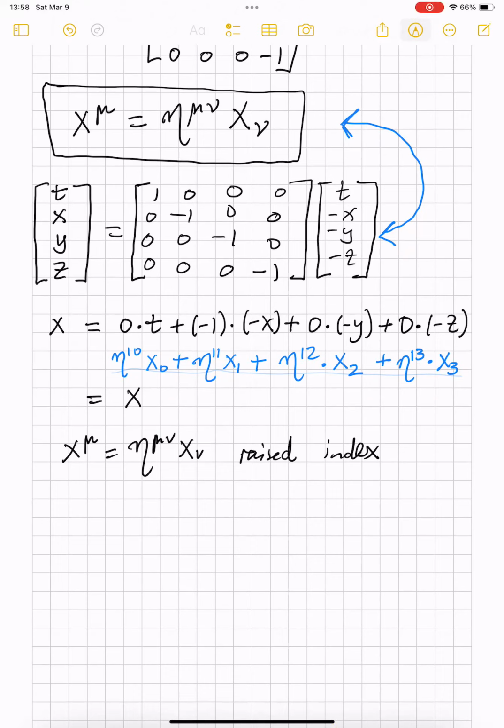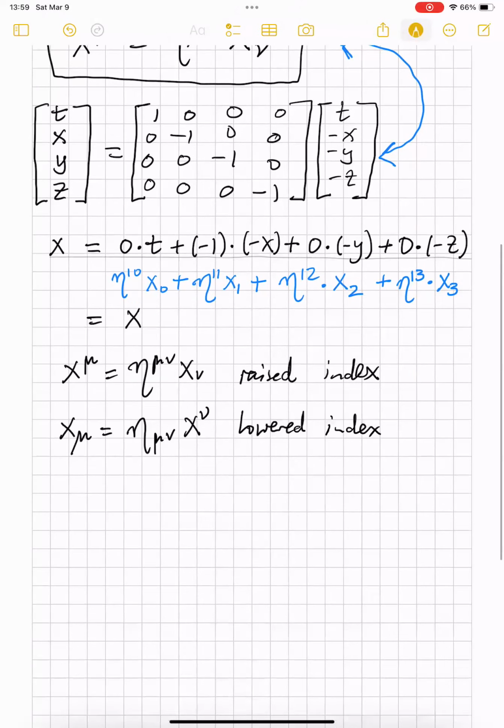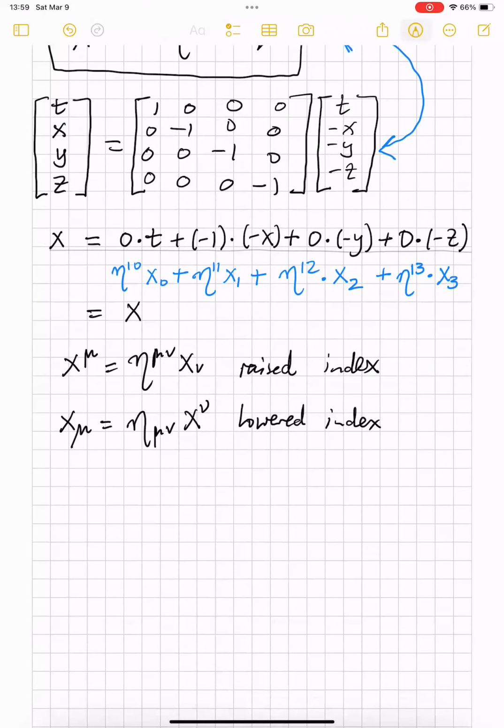We can also lower an index, so we'll have x mu. Now we need something with two lower indices contracted with the contravariant vector x nu. So here we would say we have lowered an index, and I would need to tell you what the components of eta mu nu are.